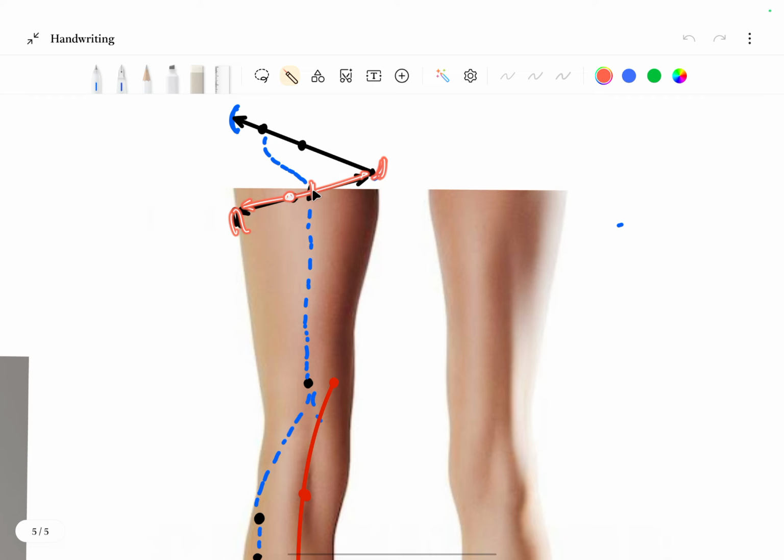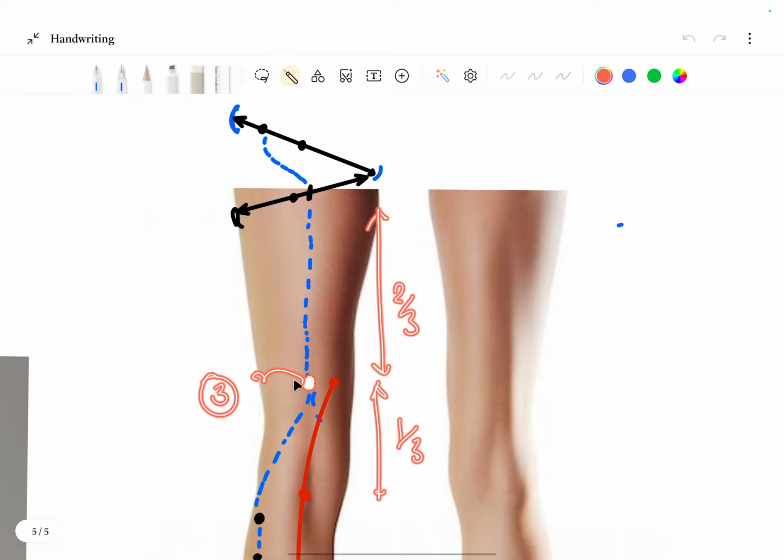So just slightly medial to that midpoint will be your second point of the sciatic nerve, and the third point will be at the junction of the upper 2/3 and lower 1/3 of the thigh, in the midline. This will be your third point, this will be your second point, and this will be your first point. Let us connect this. This is your sciatic nerve.